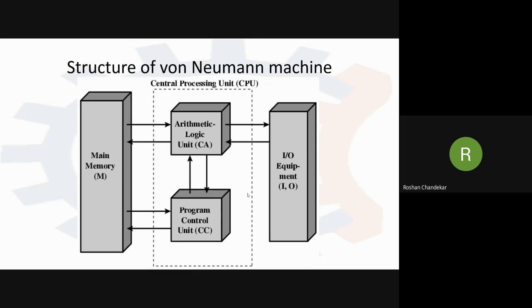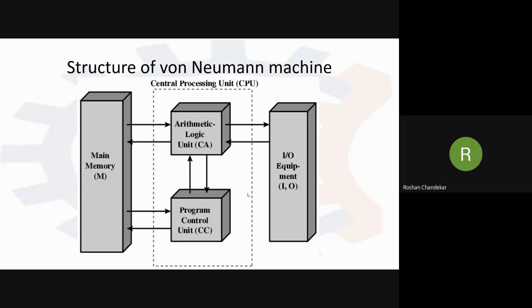That program control unit is connected with my arithmetic logic unit, where all the instructions are controlled by the program control unit, and then we transfer it to the input output equipment where we display the output. Apart from that, in yesterday's lecture, I told you about the generations of microprocessors and the 8085 and 8086 internal architecture.